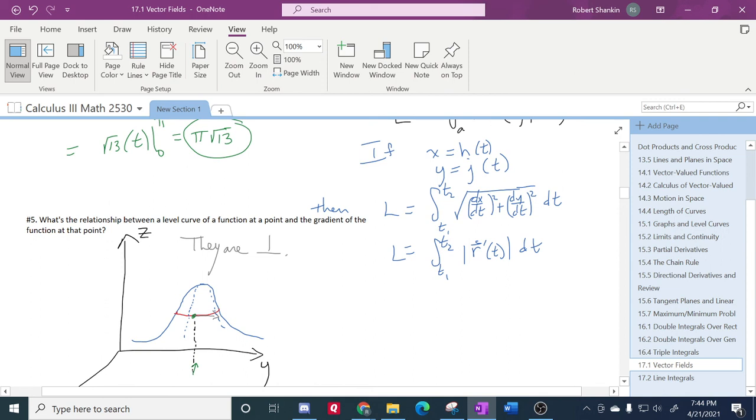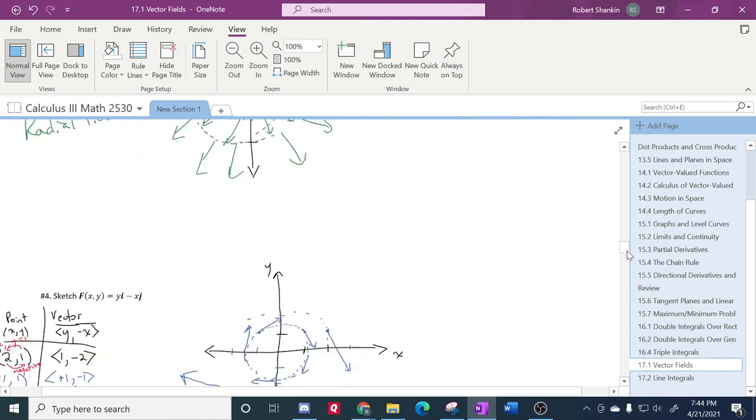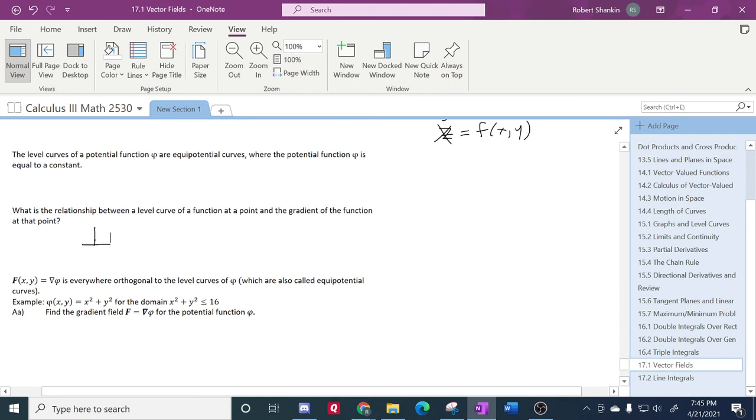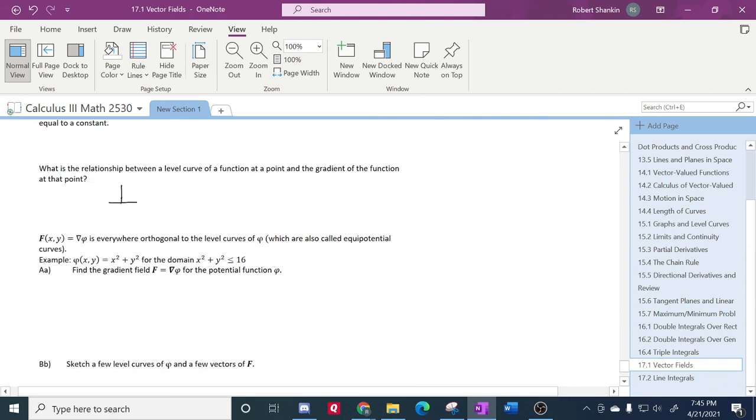The gradient is where you're going to increase height the fastest. So they've got to be perpendicular. Perpendicular. So F, the gradient of phi, is everywhere orthogonal to the level curves of phi, which are also called equipotential curves.